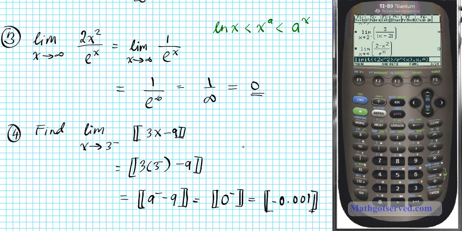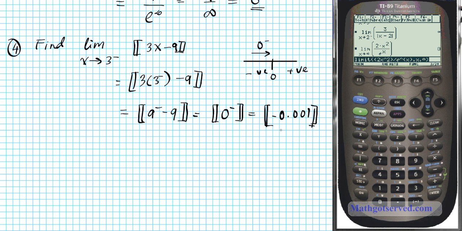You have a number line, and you have 0. 0 from the left is just a number that's infinitely close to 0 from the left side. And we know that this is negative and this is positive on the number line. Okay, so that's why we're using this value. Any value that's really close to 0 from the left will suffice, as long as it's greater than -1.